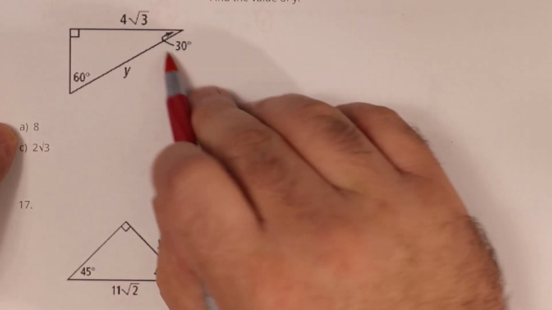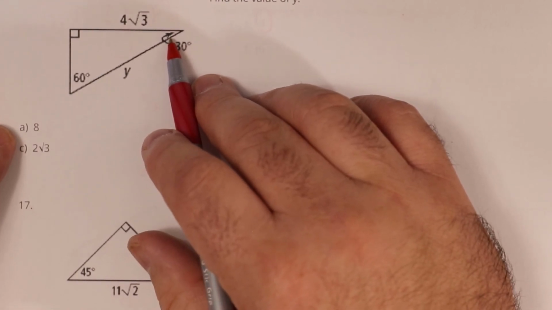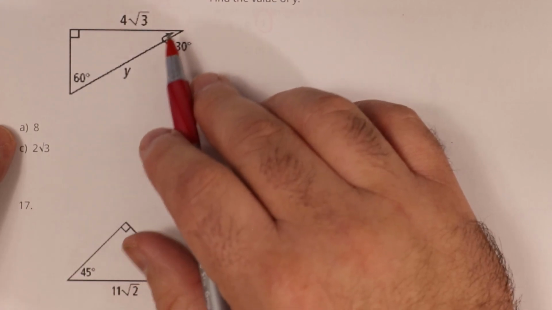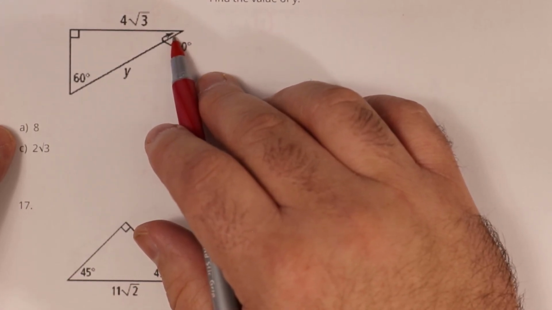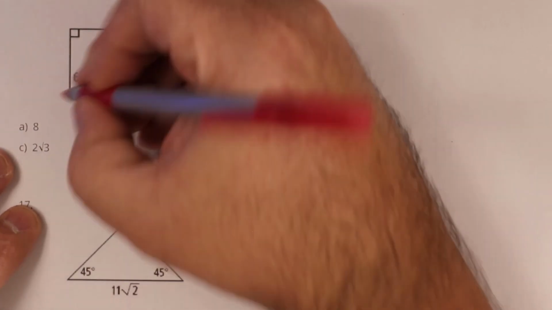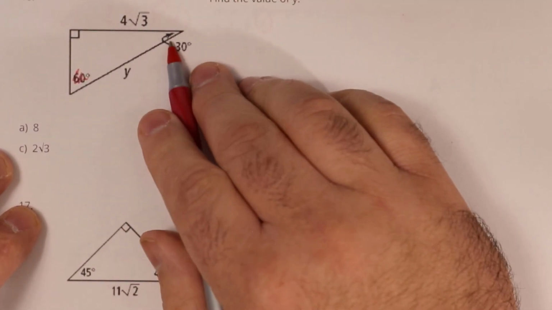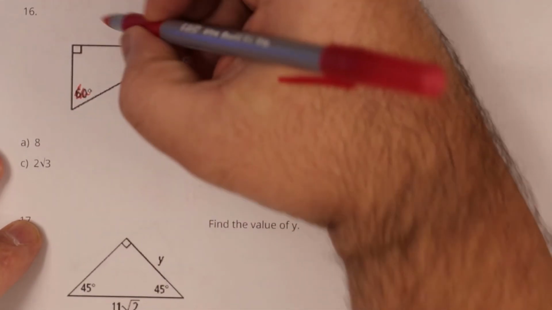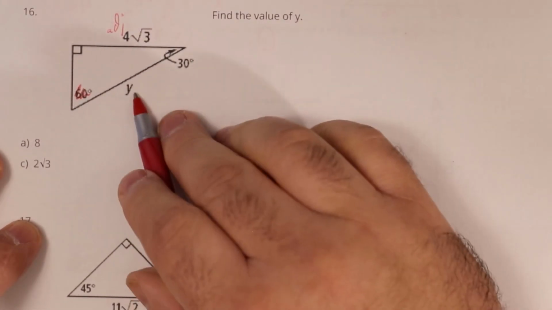16. We're back to trigonometry, the SOHCAHTOA. From this angle, we have two options, but I'm gonna pretend this one's not here. From this angle, that's adjacent, and y is the hypotenuse.